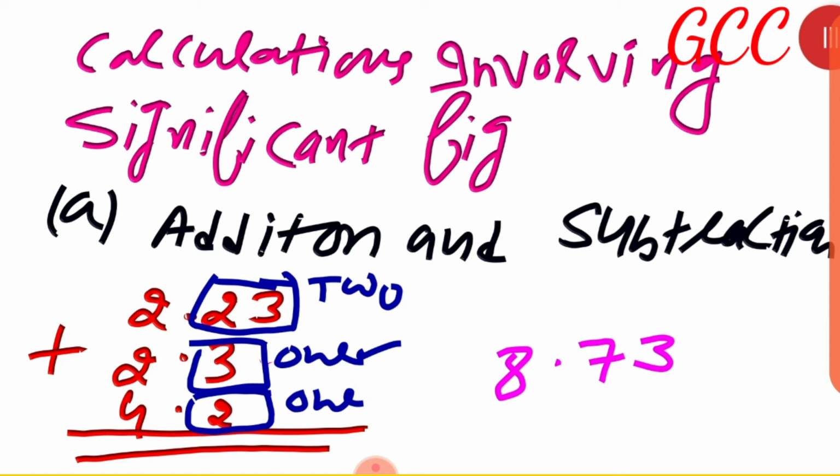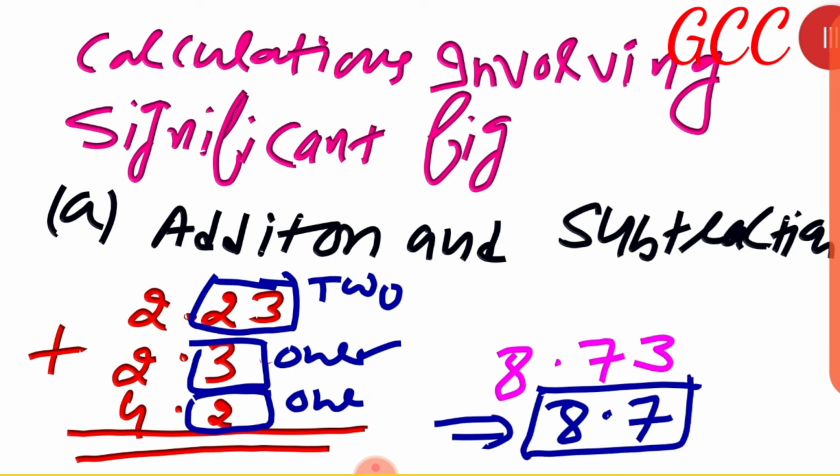Am I right? So in the answer also after decimal you should have only 1 digit. So the answer will be 8.7 and it will have only 2 significant figures. Have you understood बेटा? तो मेरी बात समझ आई आपको? What I have done there?